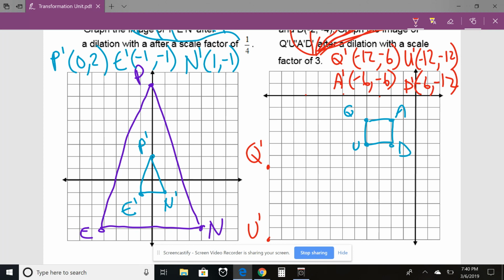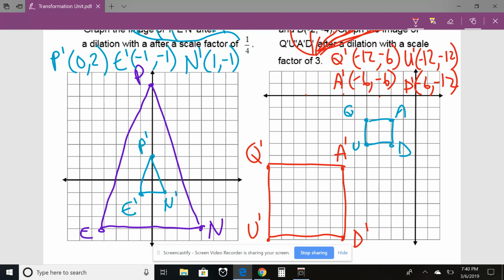A prime is (-6, -6). And D prime is (-6, -12). So in this case, my figure is dilated and the prime figure is bigger than the original figure because the scale factor is bigger.